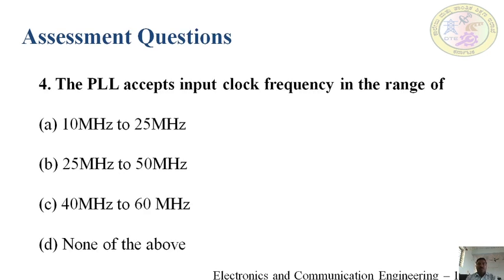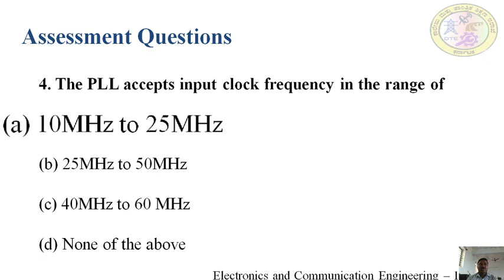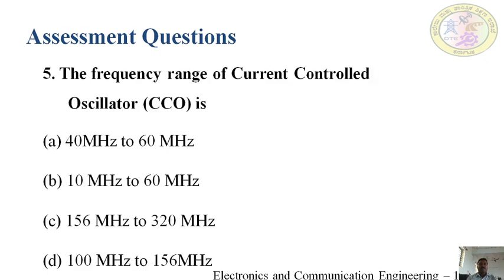PLL accepts the input clock frequency in the range of 10 to 25 MHz. Okay. Then the frequency range of CCO, it's the heart of your PLL, the current controlled oscillator. The CCO gets the input from the phase detector.